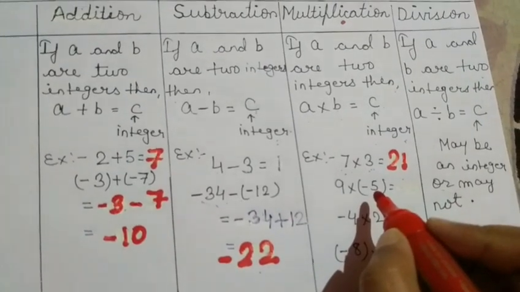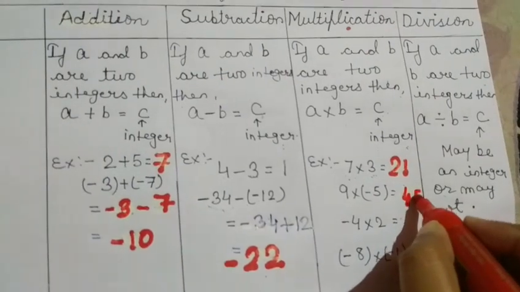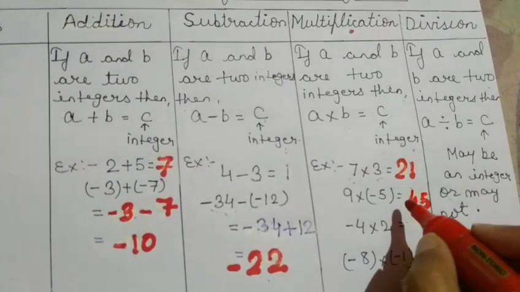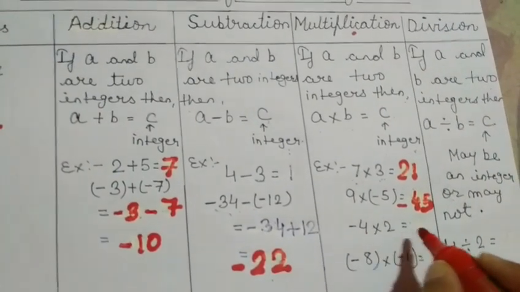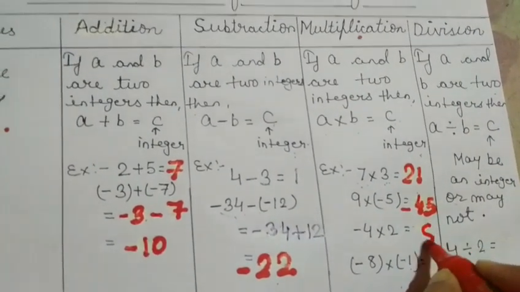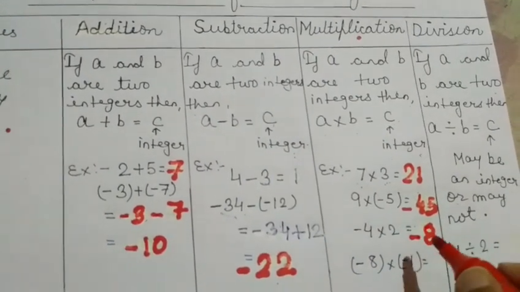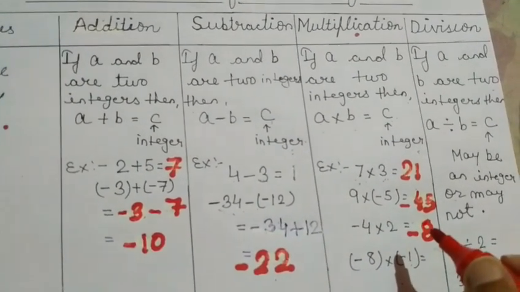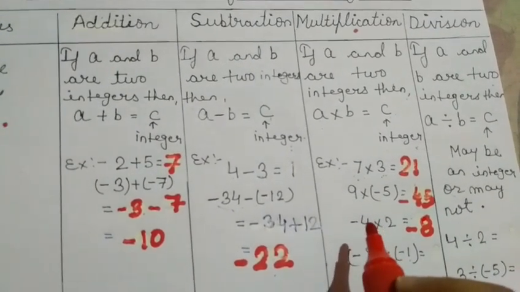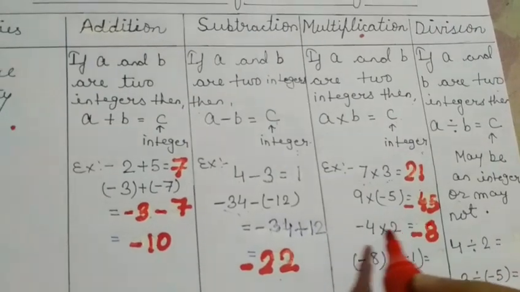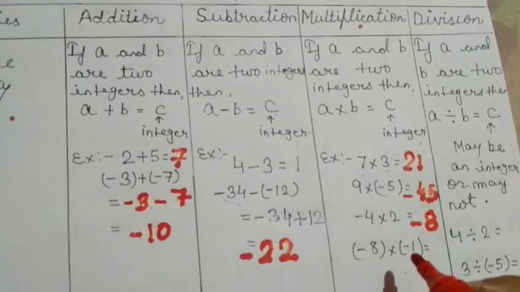So what is the product of it? 9 5s are 45, and we have to put plus minus minus. 4 2s are 8, and sign is minus, because in my last video I told you, please check my last video and you can understand how you can put signs.